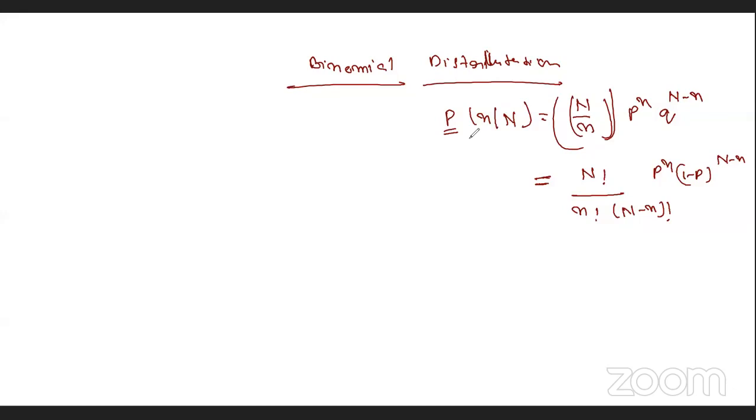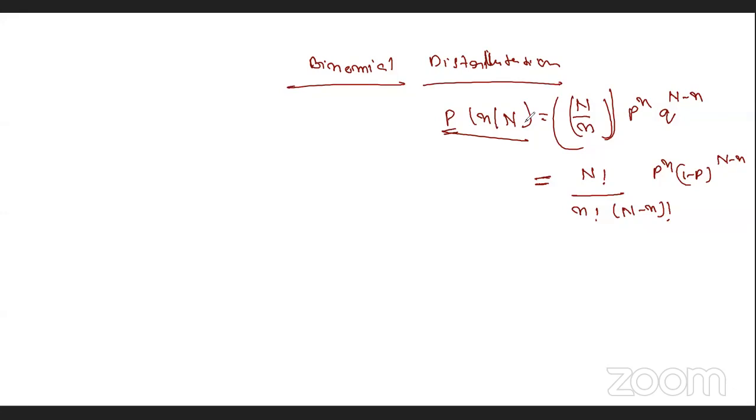The probability of n means the probability of n successes out of the total number of trials. It always gives you a discrete probability distribution.